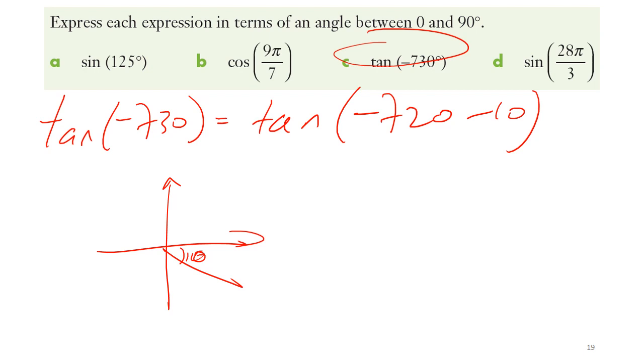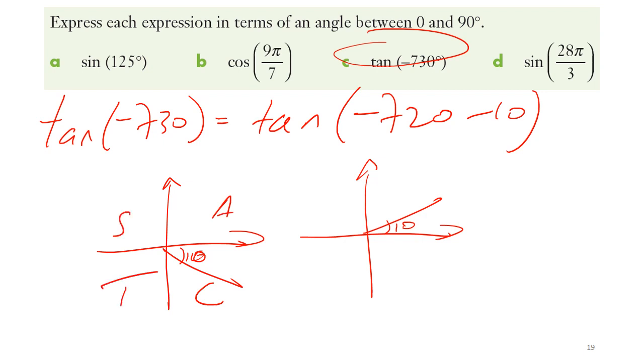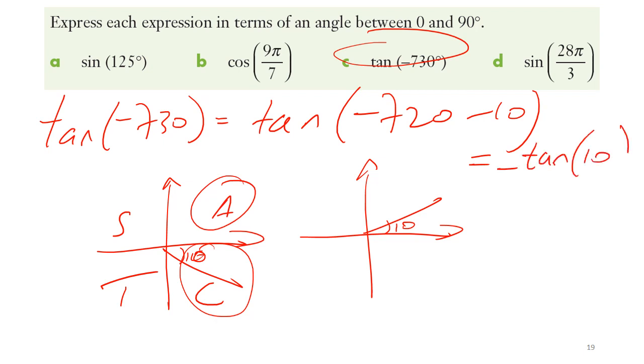Again, we want to represent it in this quadrant, but we need to look at the signs, CAST. We know that 10 would be negative here, but would be positive here. So the signs have to change. So we're going to have negative of 10. That would be your answer.